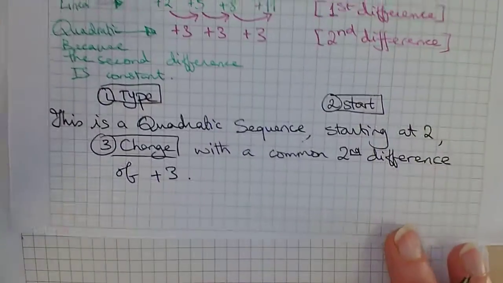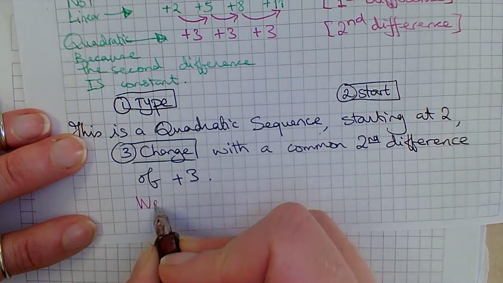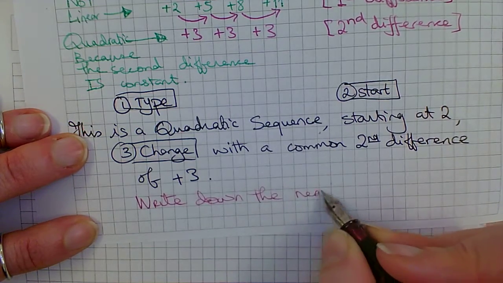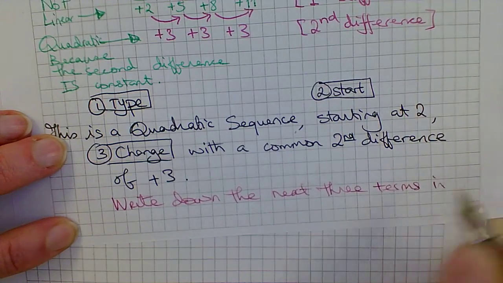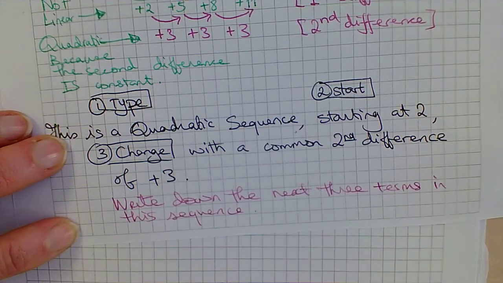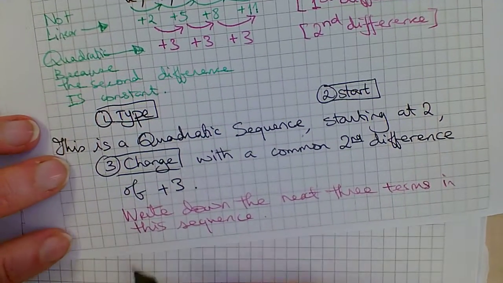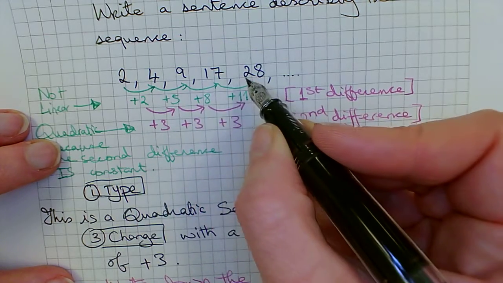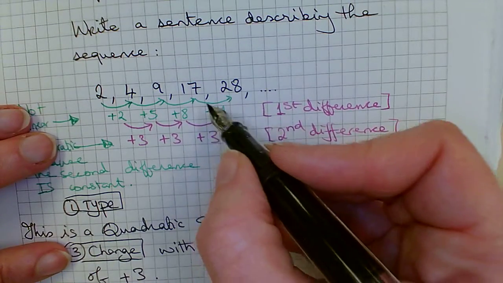There's one more thing we want to be able to do with these types of questions, and that is write down the next 3 terms in this sequence. We'd gone 2, 4, 9, 17, 28, and I can't just add on 3 and I can't just add on 11.